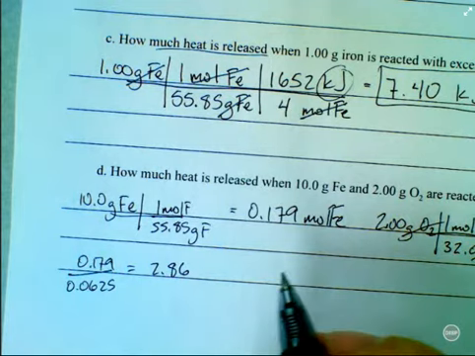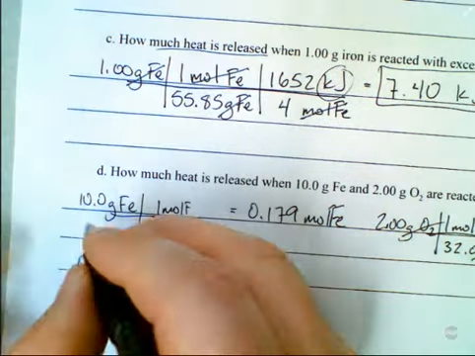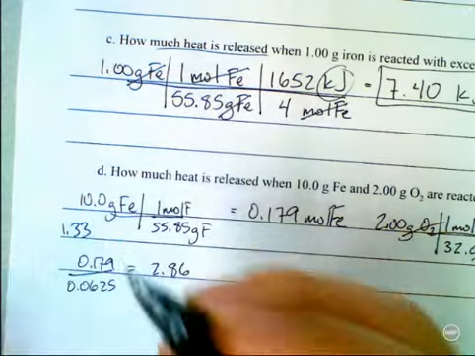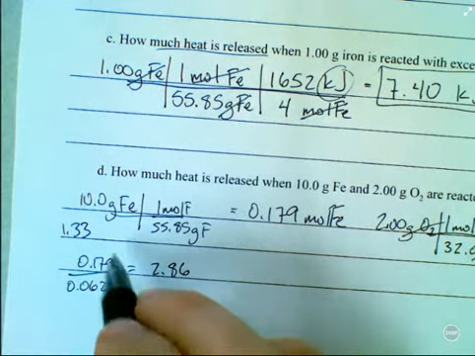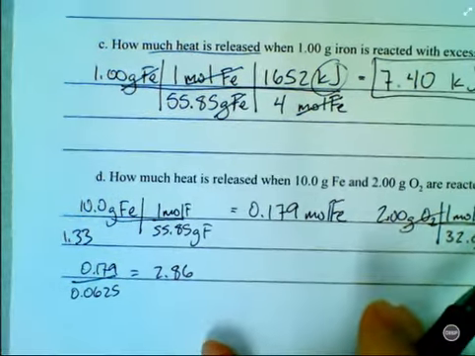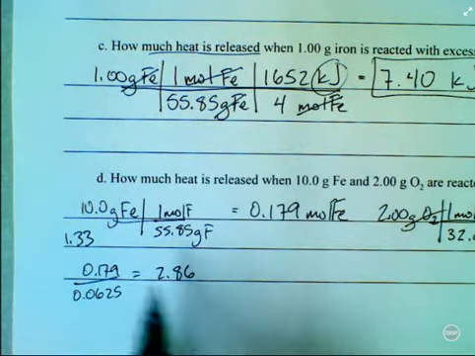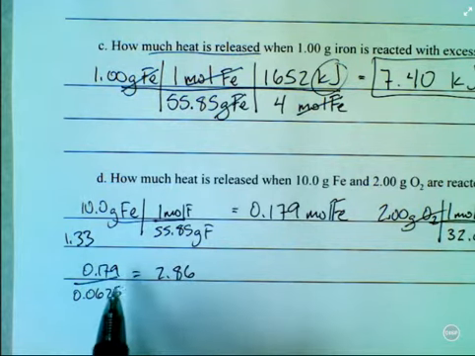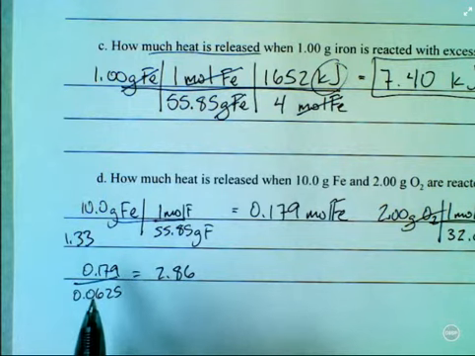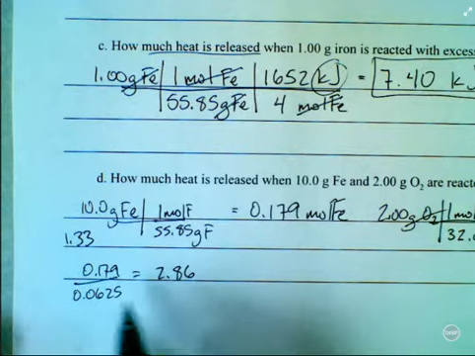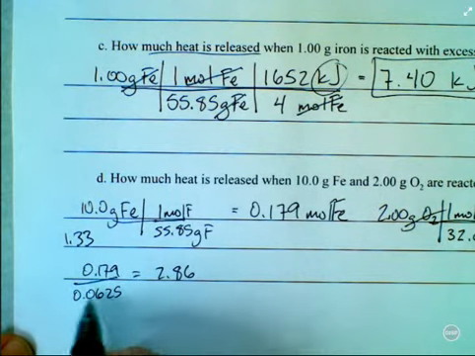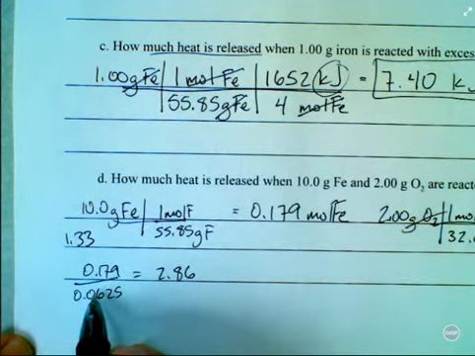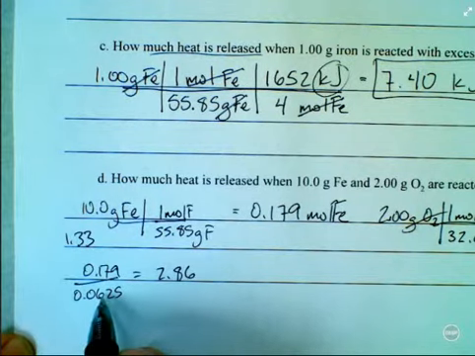In order for this reaction to happen, I need a 1.33 ratio of iron to oxygen. What I have here is a 2.86. The fact that this ratio is larger indicates that the denominator has gotten smaller. And so because of that, the denominator not being up to snuff indicates that the O2 is the limiting factor.